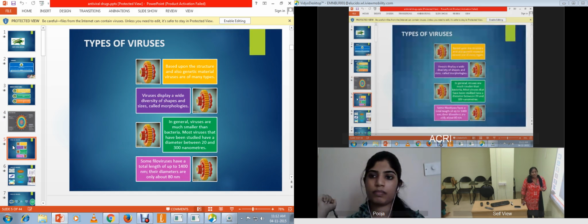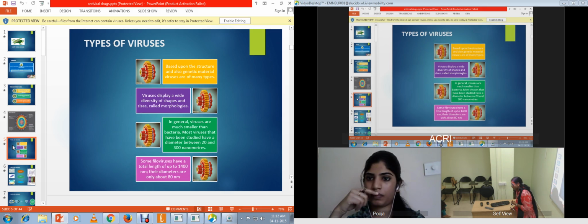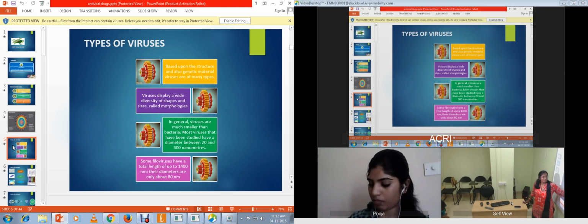Next comes the types of virus. Based on sizes, shapes and genetic material, we have different types of virus. Size and shape we call the morphology of the virus. Viruses display a wide diversity of shapes. In general, viruses are much smaller than bacteria, with a diameter range of 20 to 300 nanometers.